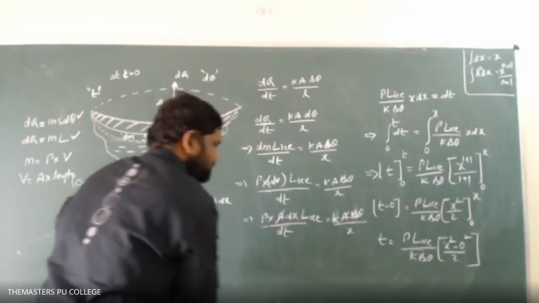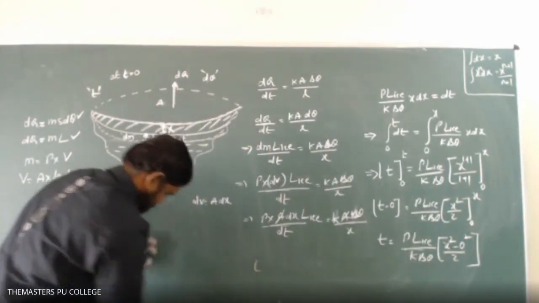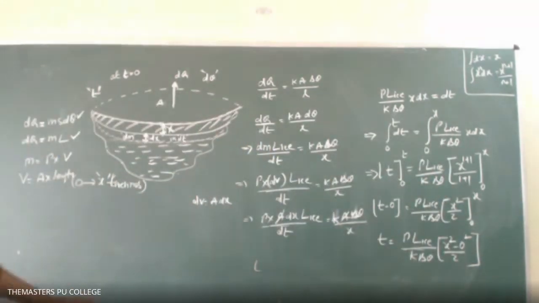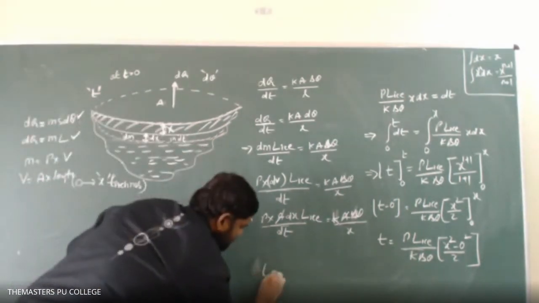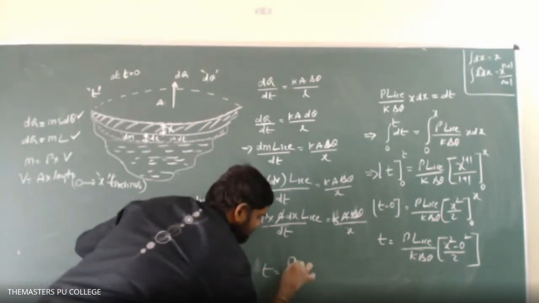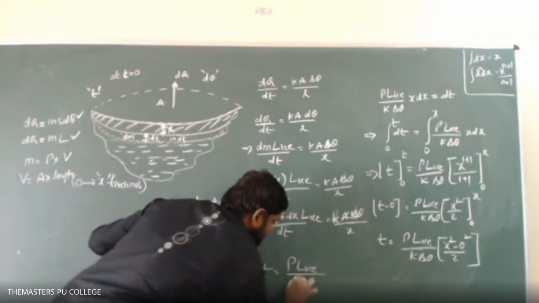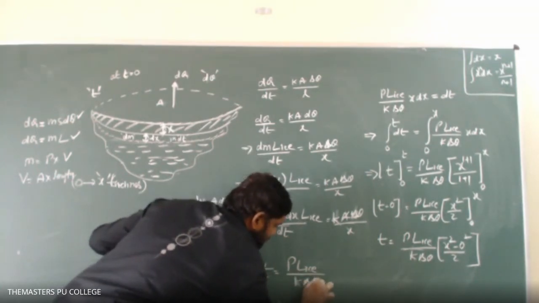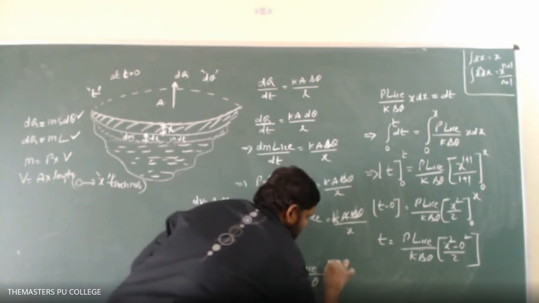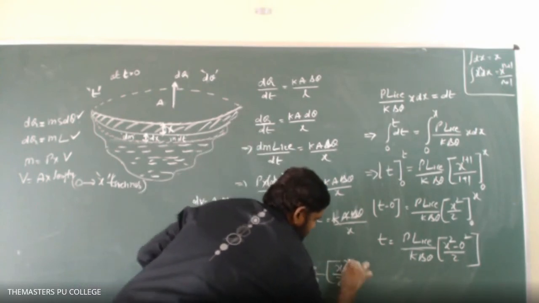Finally, t is equal to rho L of ice divided by k delta theta, into x square divided by 2.